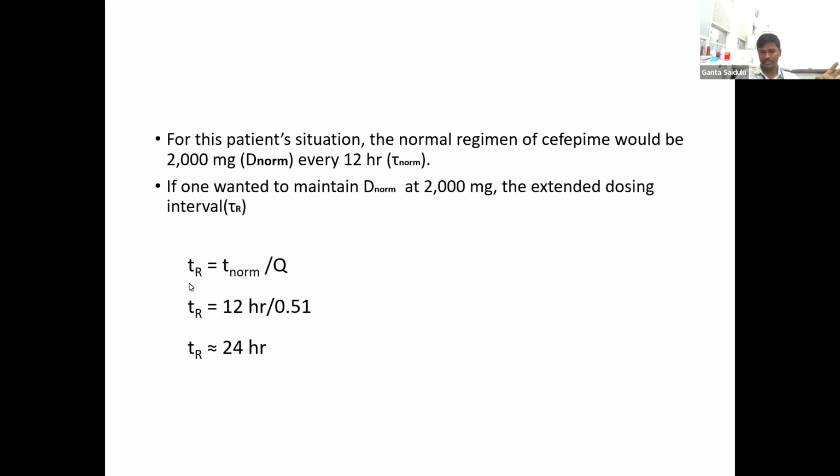The formula for the dosing interval in this renal dysfunction patient is the normal dosing interval divided by the dose adjustment factor. The normal dosing interval is 12 hours, the dose adjustment factor is 0.51. That means 24 hours. So you have to give 2 grams of cefepime every 24 hours if the patient is on CRRT. This is the dosing calculation for CRRT.